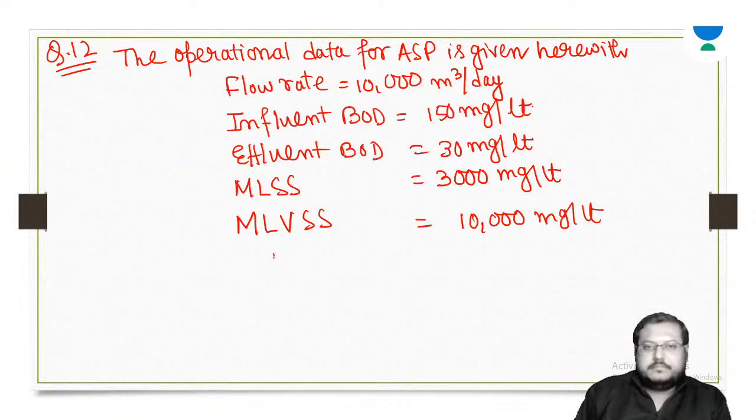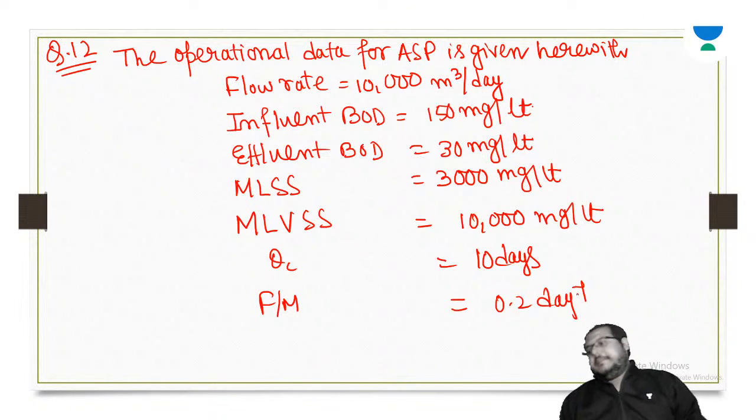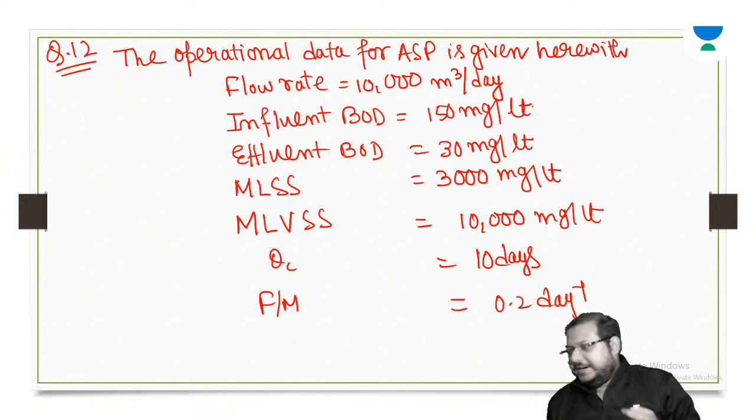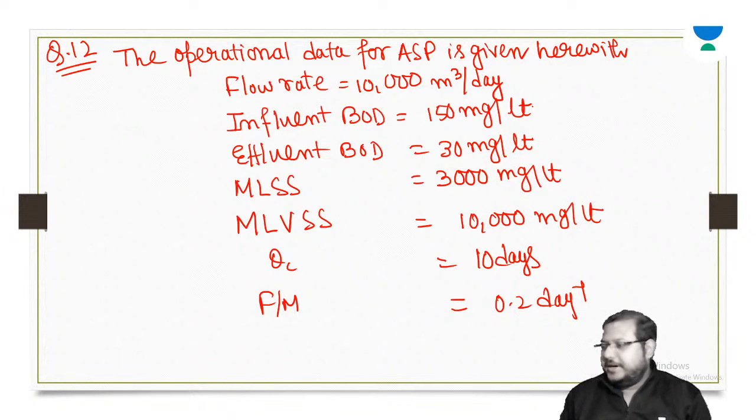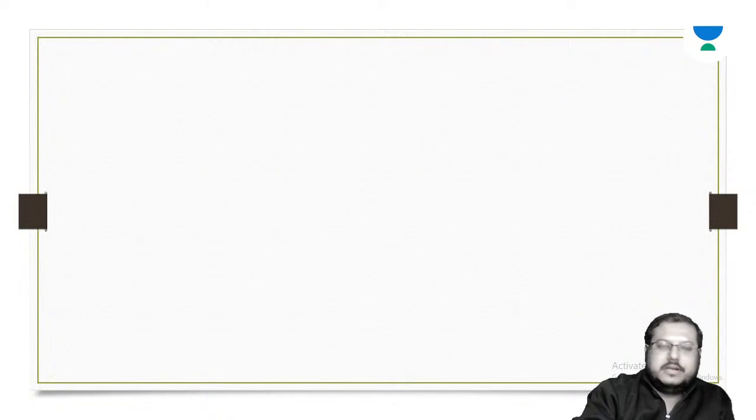Theta C, 10 days. F by M ratio, 0.2 inverse. That is the data given. We will identify later what data represents which notations.